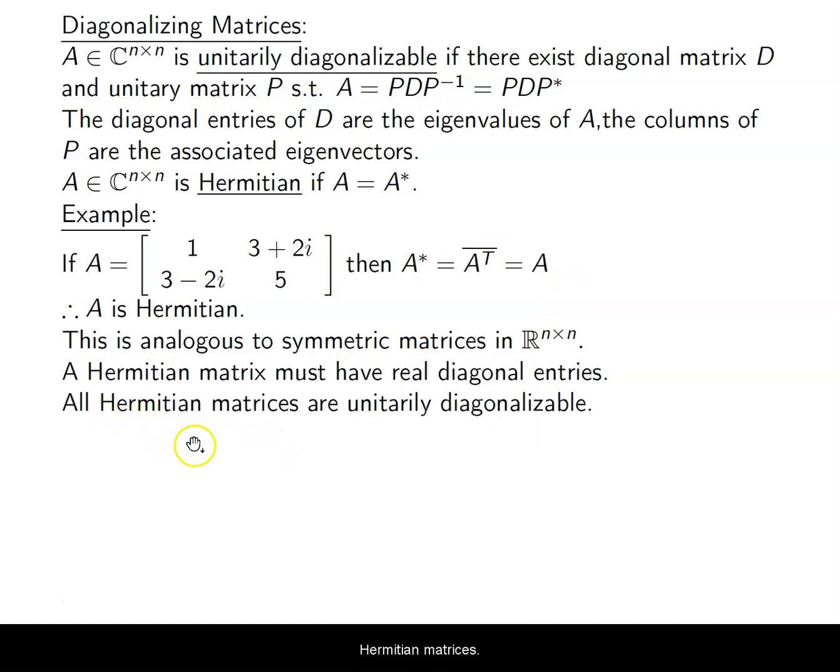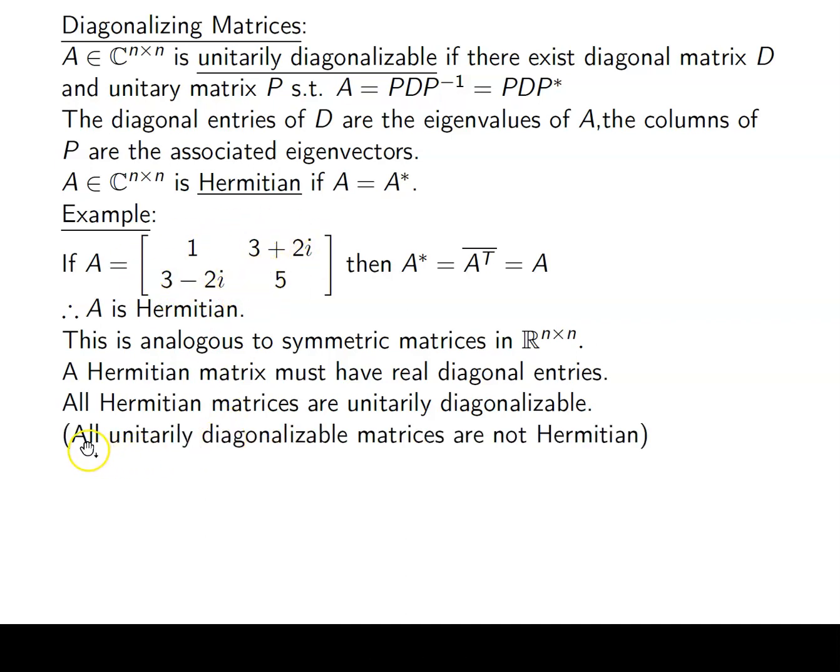All Hermitian matrices are unitarily diagonalizable. So I can find a PDP star for any Hermitian matrix. However, not all unitarily diagonalizable matrices are Hermitian, so it doesn't go the other way. Just because I can find a PDP star does not mean that my matrix is Hermitian.